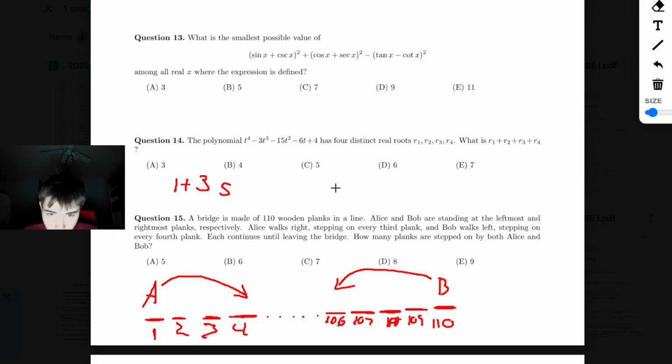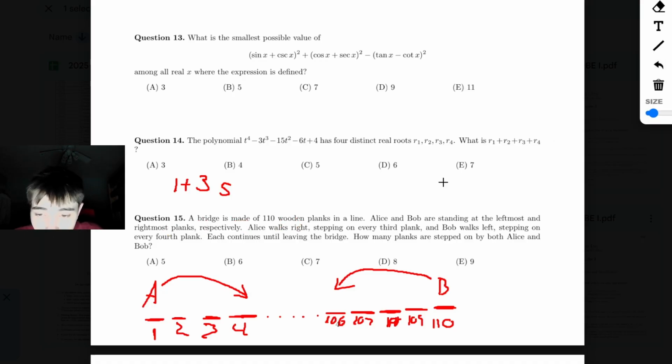Okay. What does that mean? That means she stepped on plank 1, S equals 0. For S equals 1, she stepped on plank 4. S equals 2, she stepped on plank 7. S equals 3, she stepped on plank 10. And then that's just a way to count it, right?